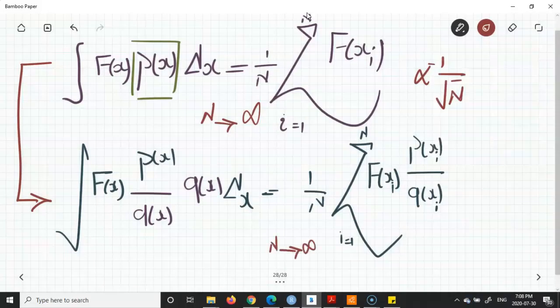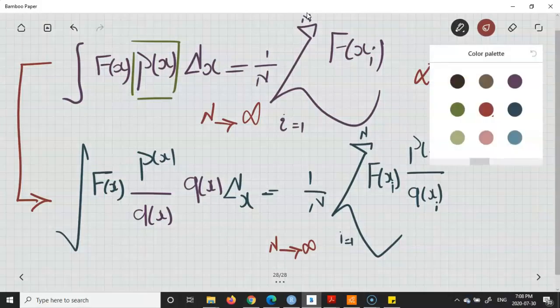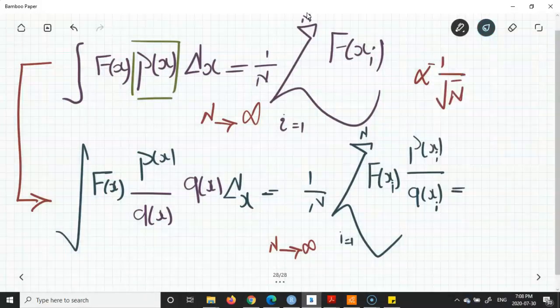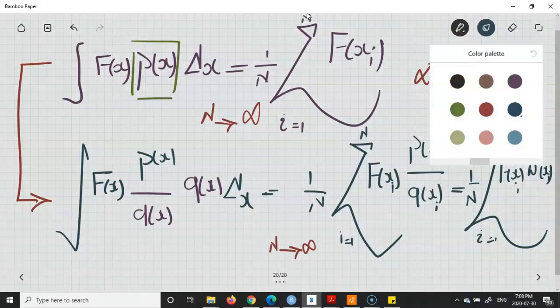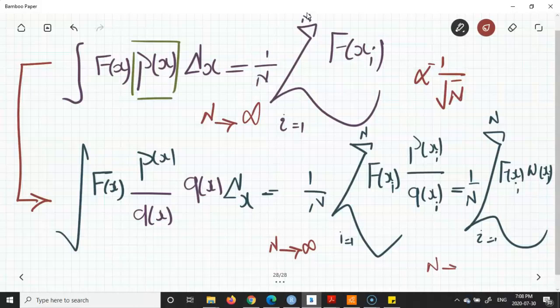Also we can write it in this formulation: this is equal to 1 over n of the sum of f of xi times w of xi, with i from 1 to n, and still n is going all the way to infinity.